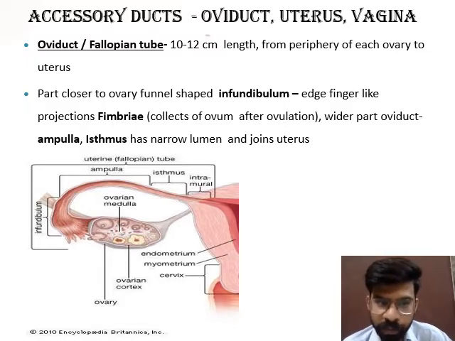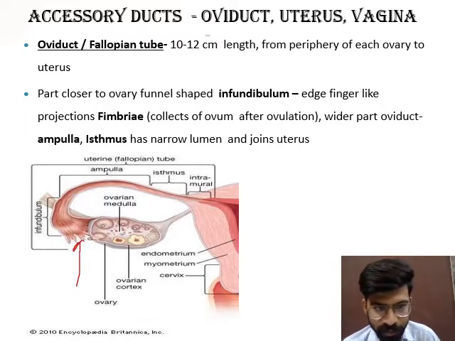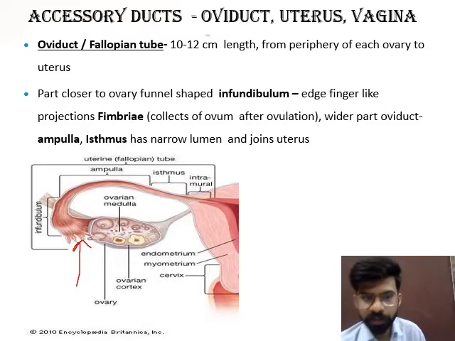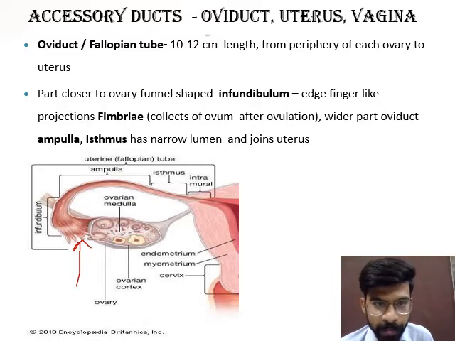The fallopian tube contains a finger-like projection known as fimbriae. I am mentioning it with the arrow. This is the finger-like projection, fimbriae. Fimbriae collect the egg that is released from the ovary. Then there is the infundibulum area, then the ampulla area, then the isthmus.